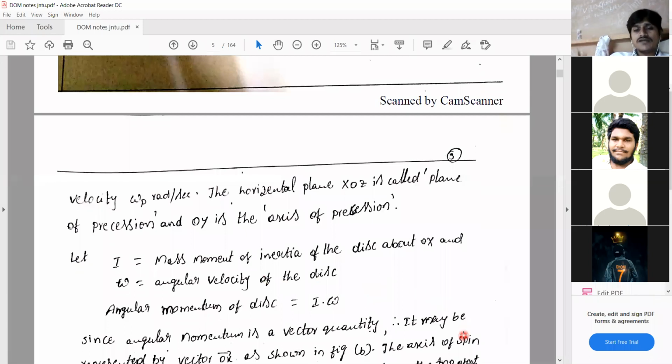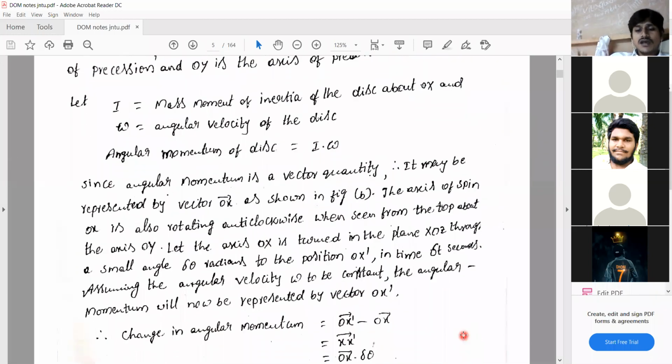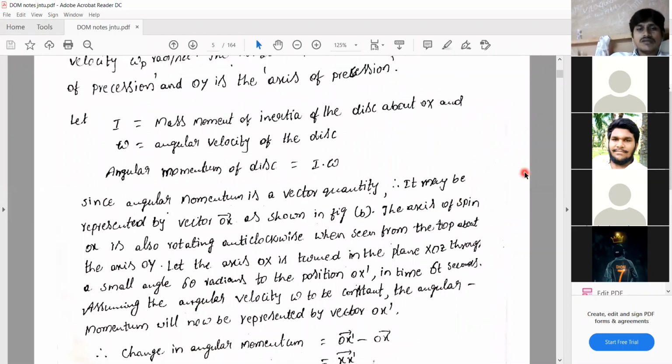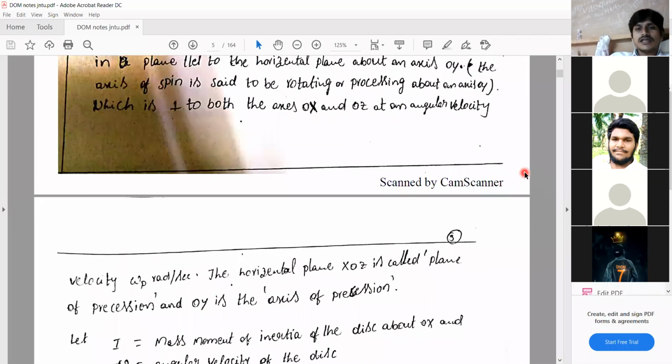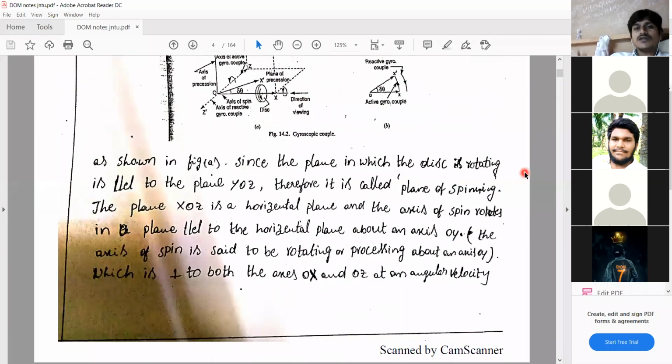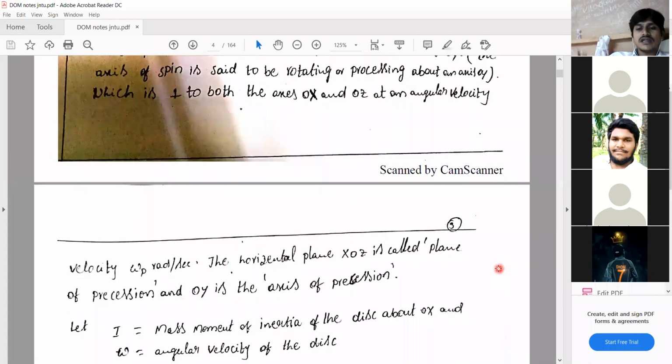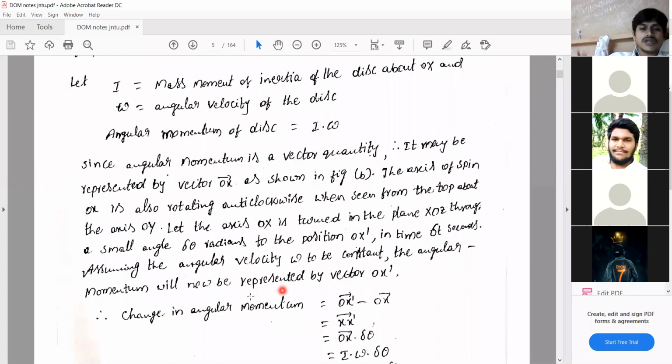Now all of you observe the vector diagram B. We have already seen that OX is shifted to OX dash. That is the change of angular momentum, and the value will be represented here. All of you observe that.